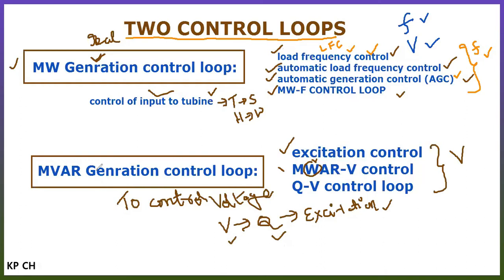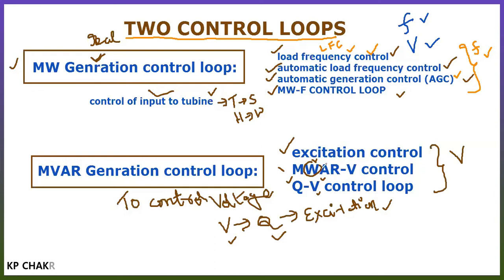So it is the MVAR generation control loop, also called excitation control, MVAR voltage control loop, and QV control. QV means reactive power and voltage. If the reactive power balance is there, the voltage will be within specified limits and we can maintain the rated value. Q is the term in terms of MVAR, V control, just like real power is in megawatt.